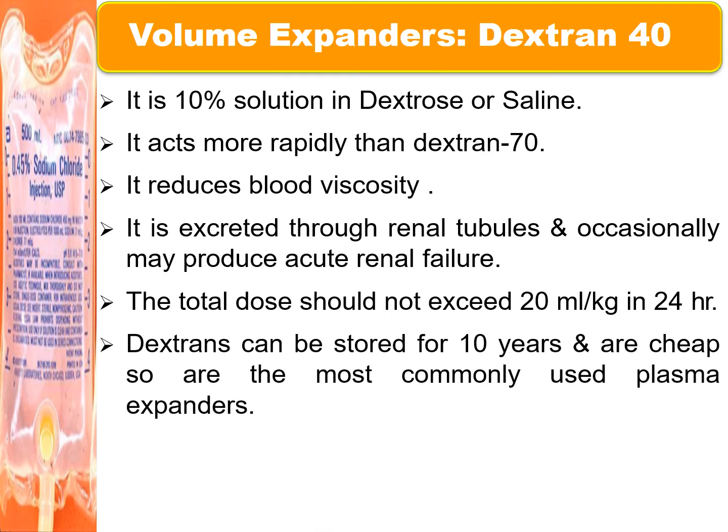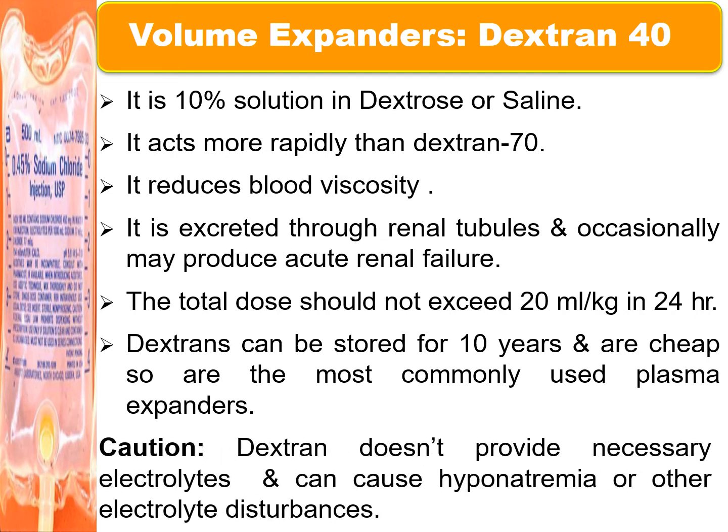Dextrans can be stored for 10 years and are cheap, so they are the most commonly used plasma expanders. The caution with dextran is that it doesn't provide the necessary electrolytes, and so it may cause hyponatremia or other electrolyte imbalances in the body.